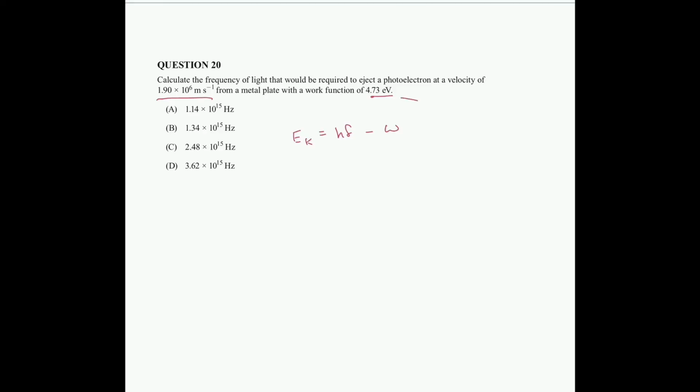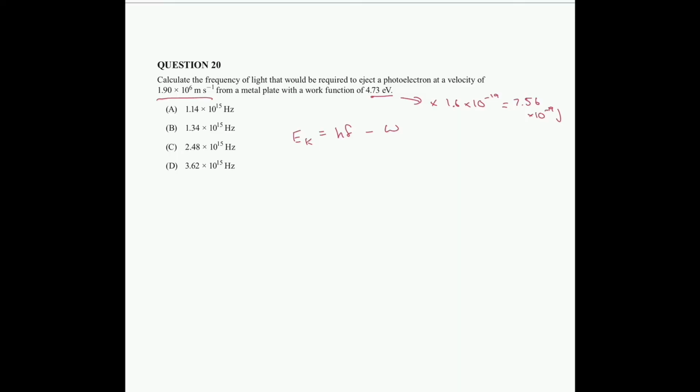So I'm just going to multiply it by the 1.6 times 10 to the negative 19. I end up getting 7.56 times 10 to the negative 19 joules. So cool, I'm happy with all my units across the board.